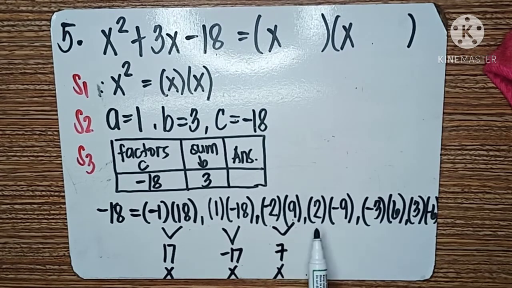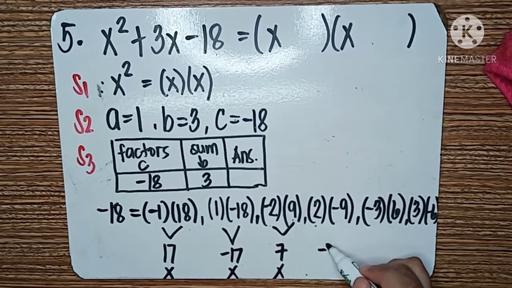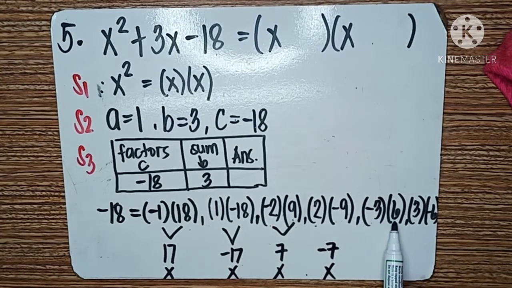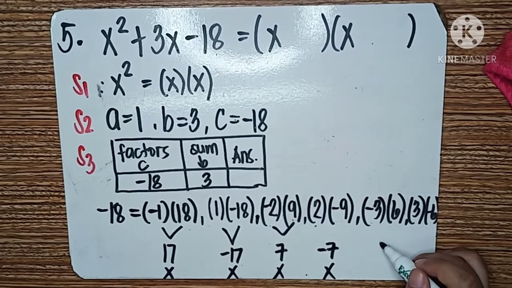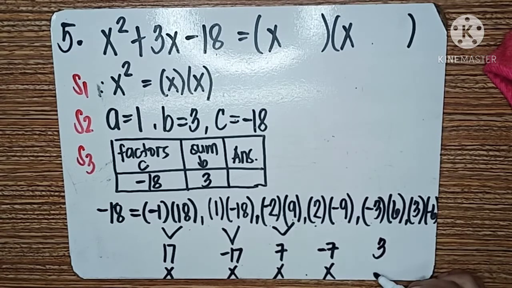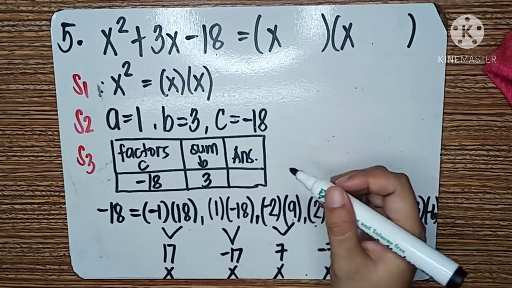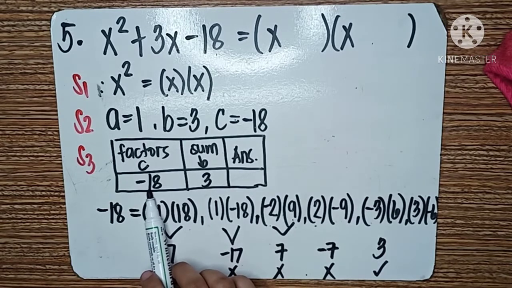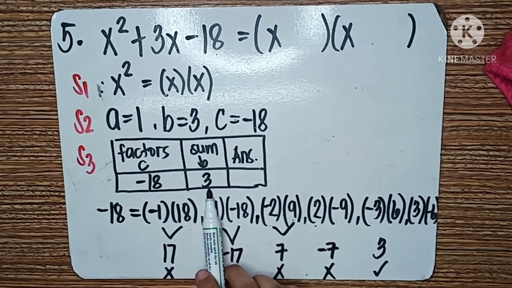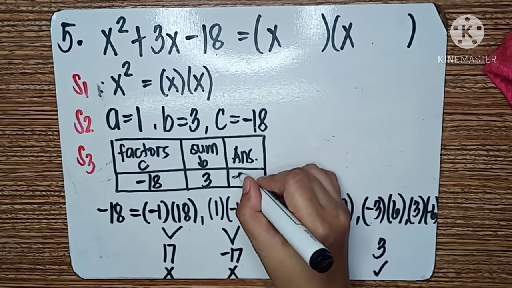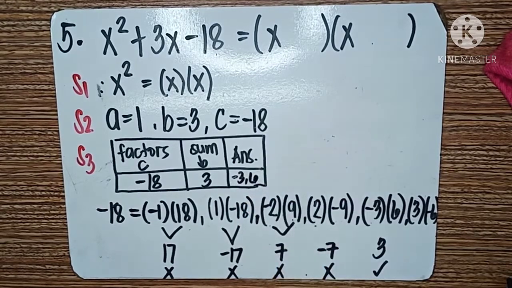Hindi pa rin. 2 plus negative 9 is negative 7. Hindi ulit. Negative 3 plus 6 is positive 3. Ayun, ang hinahanap natin. Positive 3. So, hindi na natin kailangan i-add to dahil nakita na natin ang ating hinahanap. Therefore, the factors of negative 18, whose sum is 3, are negative 3 and 6.